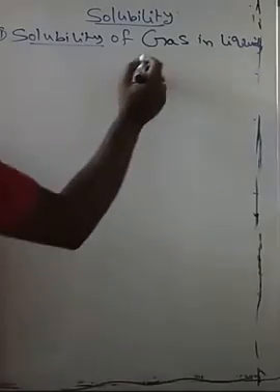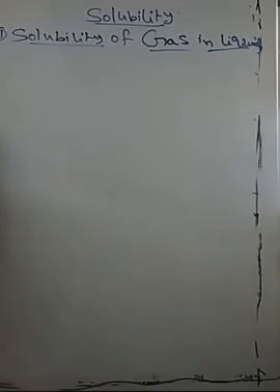Compared to carbon dioxide, the solubility of oxygen is less. The sustaining of aquatic animals is because of the dissolving of oxygen in water. So most of the gases are dissolved in water.